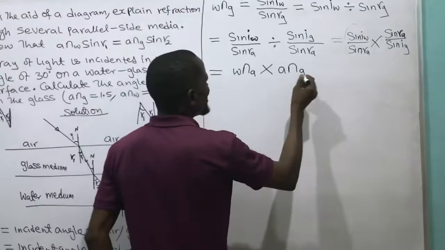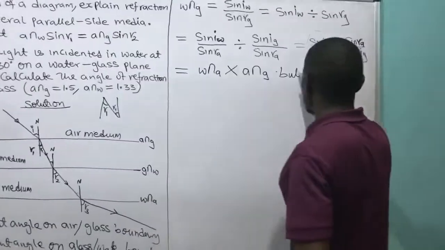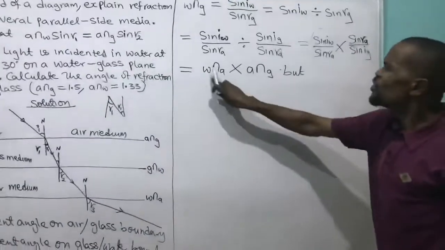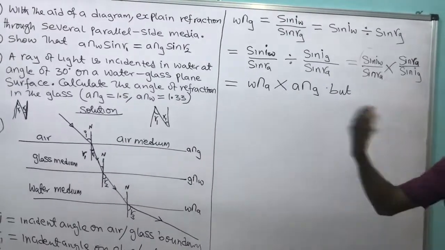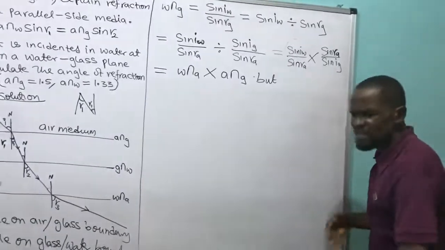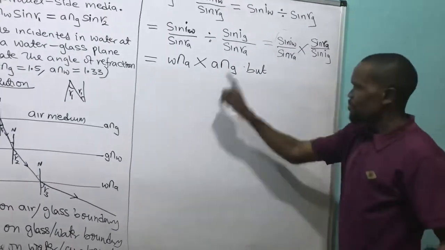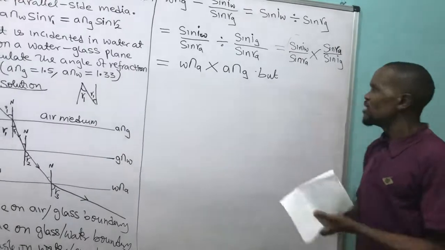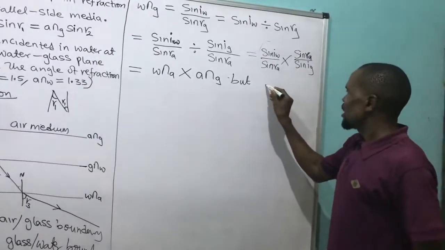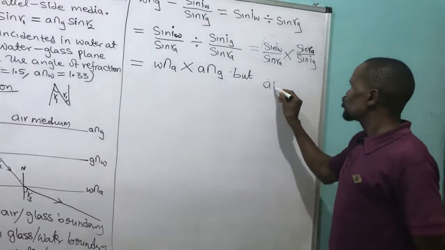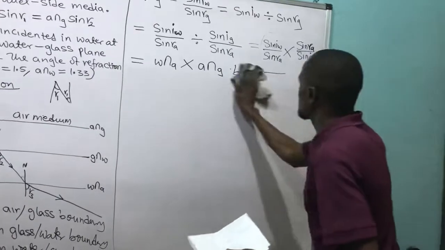And this is equal to, but I don't know this. This is not in my diary. What is in my diary is the refractive index of water and refractive index of glass, which means air to water and air to glass. I have this, I don't have this. But I remember that, let me clean here so that you can get it.